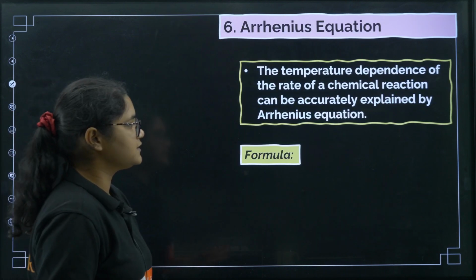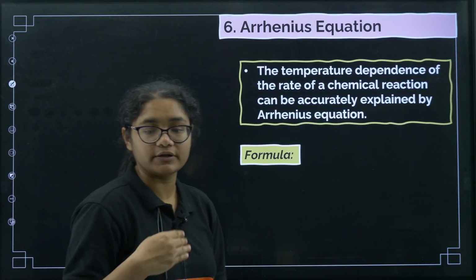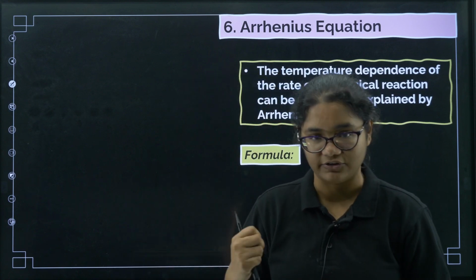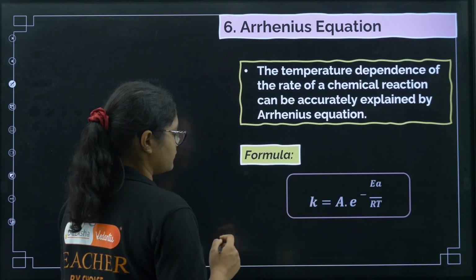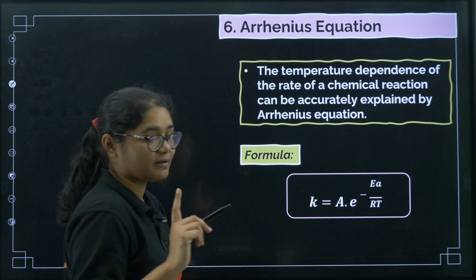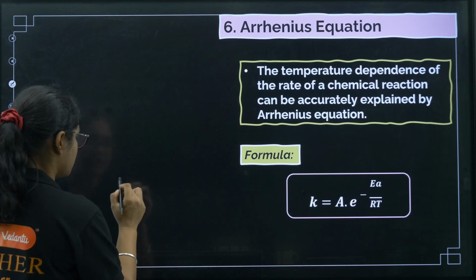Now we'll go to Arrhenius equation. So Arrhenius equation tells you how the rate of a reaction depends on the temperature. So for that we have this formula, K is equal to A into e to the power of minus EA by RT. So I'll be explaining all the terms here.